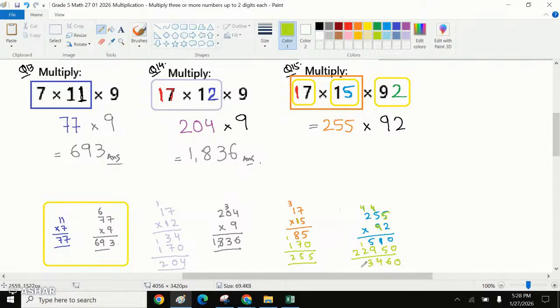Carry the 1, 3 and 2. That means 23,460. Okay, let me just confirm. 23,460. That means our final answer comes out to be 23,460.